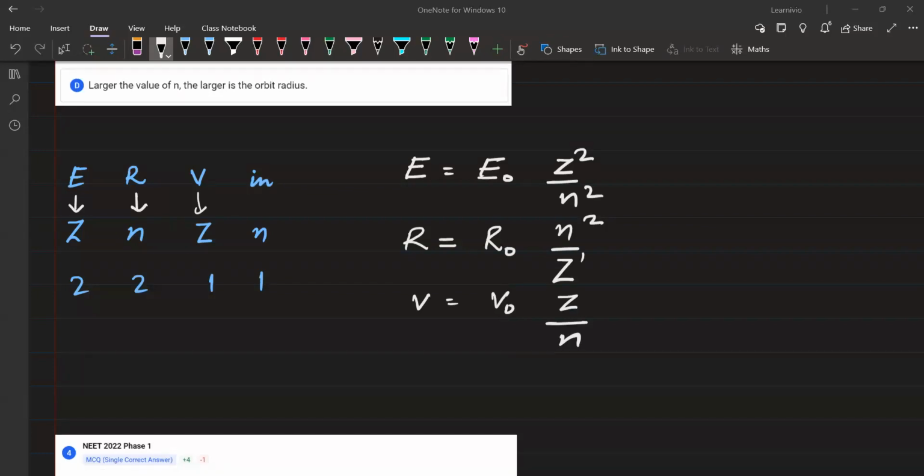तो फॉर एग्जांपल अगर हम रेडियस की बात करें, तो इन द केस ऑफ रेडियस आर नॉट is equal to 0.529.